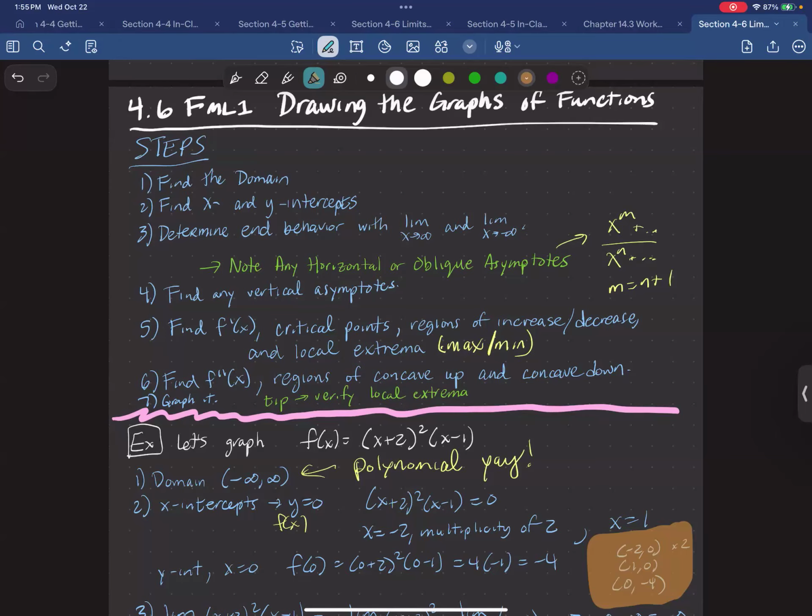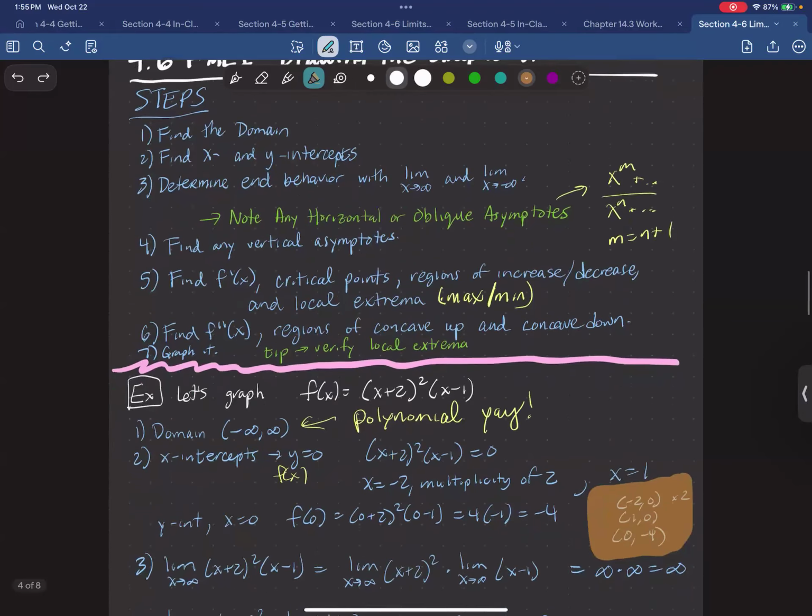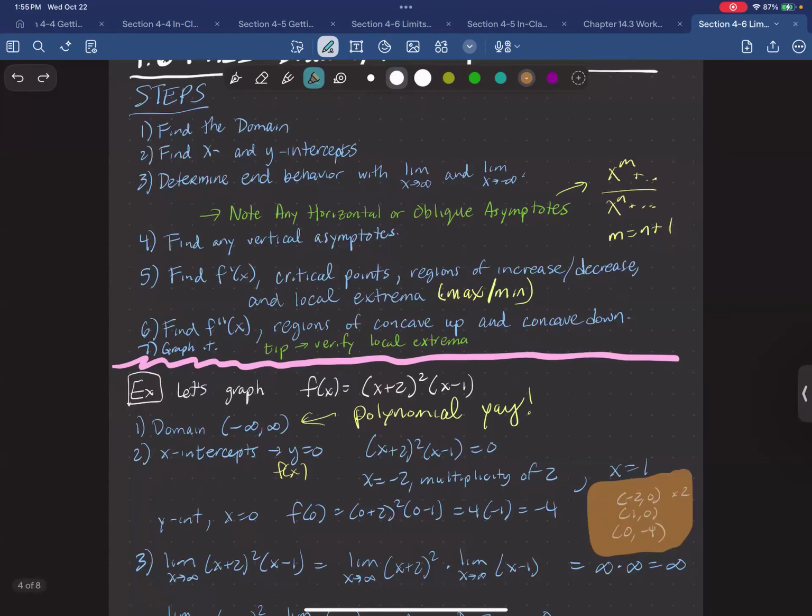Next step is end behavior. So we're not taking the derivative, we're just doing limits. If we do the limit of it, remember the limits of f times g, we can separate it. We can do the limit of each one separately. There's an easier way to do this. We could just multiply it out as we're going to do in a second, but this is a great way of checking it.